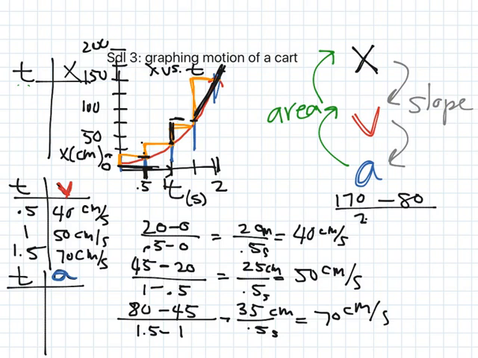Again, this is at 2 seconds minus those 1.5 seconds, so we get 0.5 seconds. Then 170 minus 80 gives us 90, divided by 0.5 gives us 180 centimeters per second. So that's our last one. Sorry, it's getting messy over here.